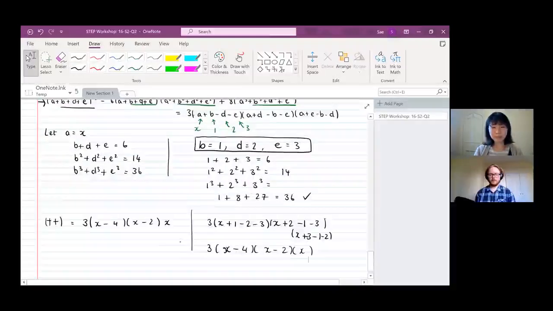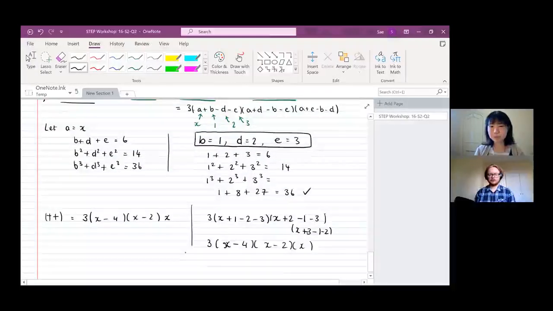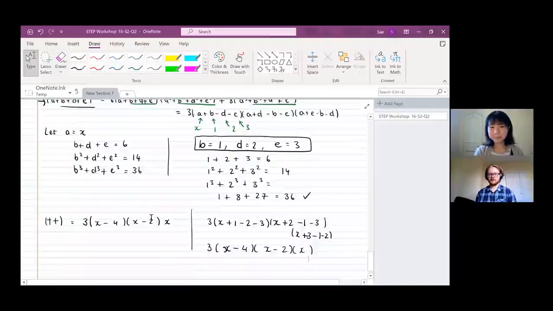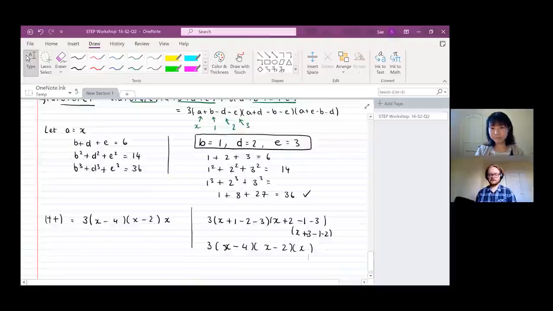So yeah, we have what we wanted. And so what is the solution? Great. So x is equal to 4, 2, or 0. And that's the STEP question done. Hooray.